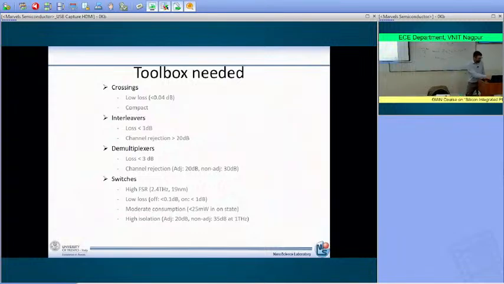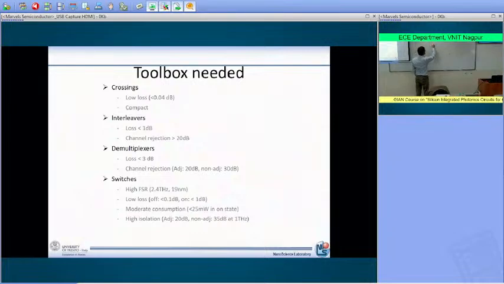The reason is simple. So here I have lambda 1. Here I have lambda 12. Okay? I want the switch to operate on lambda 1, and the same switch should not operate on lambda 12.